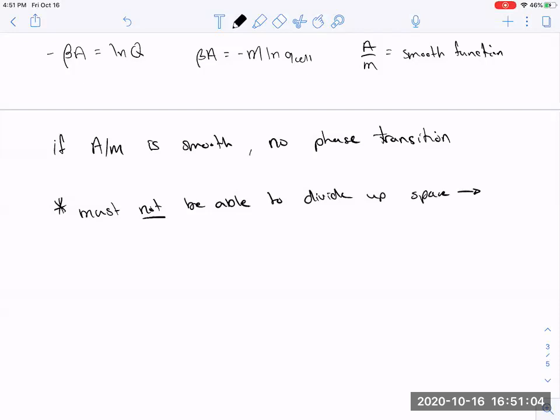Another way of saying that is that phase transitions correlate molecules over macroscopic scales.